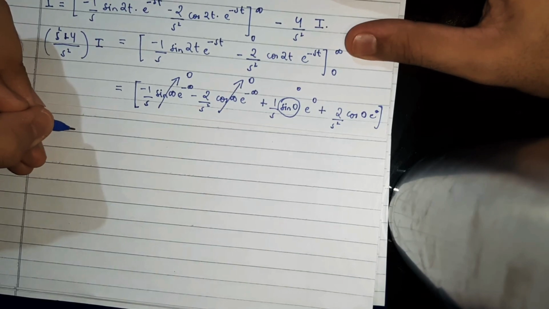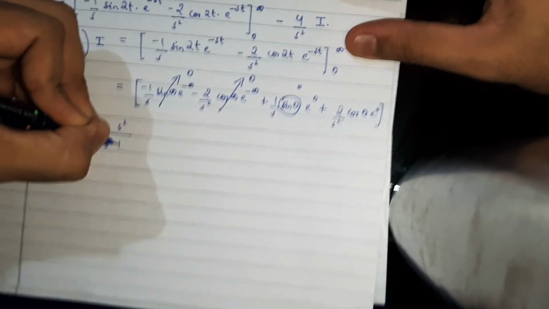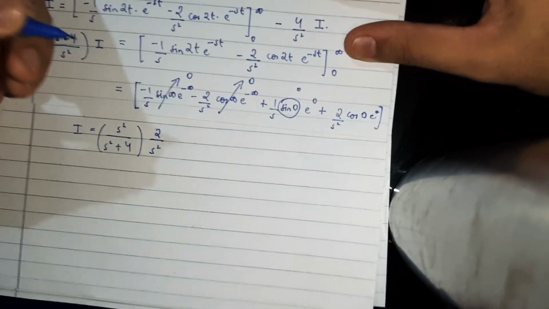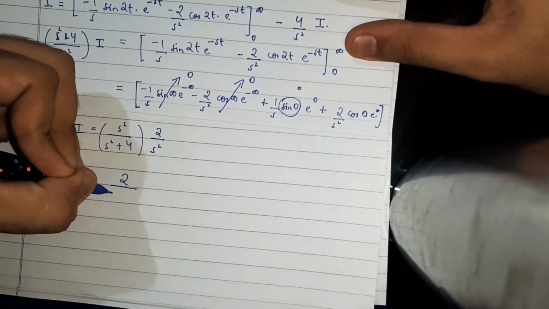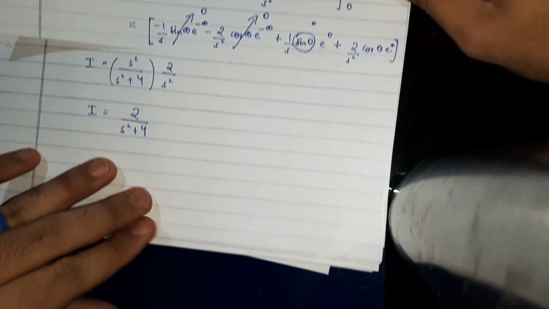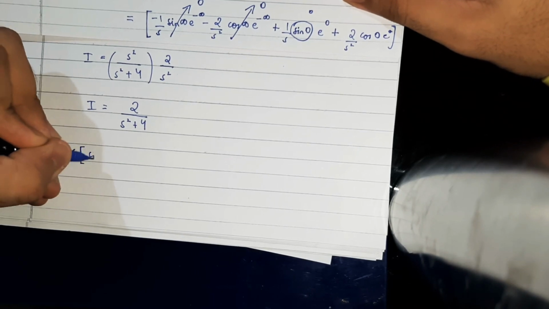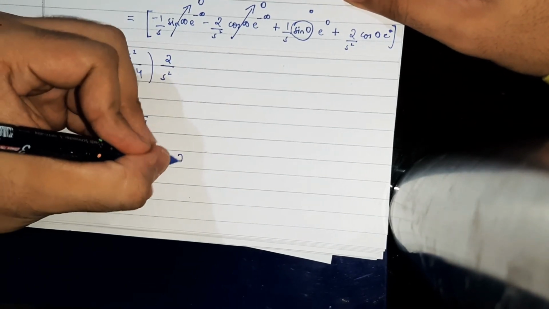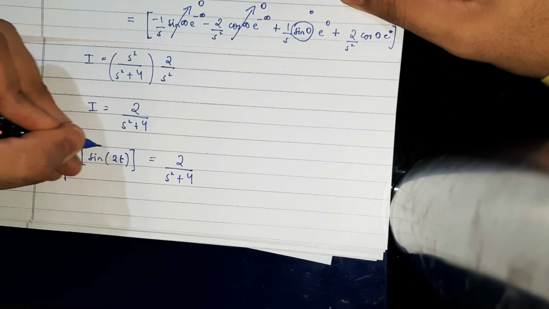So we'll write down I equals s square upon s square plus 4 into 2 upon s square. This gives us I equals 2 over s square plus 4. To summarize, the Laplace transform of sine of 2t is given as 2 over s square plus 4. This is the answer.